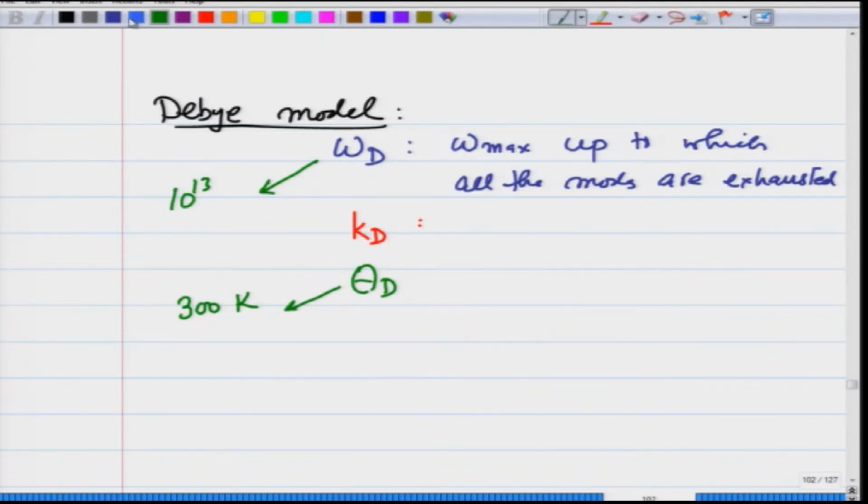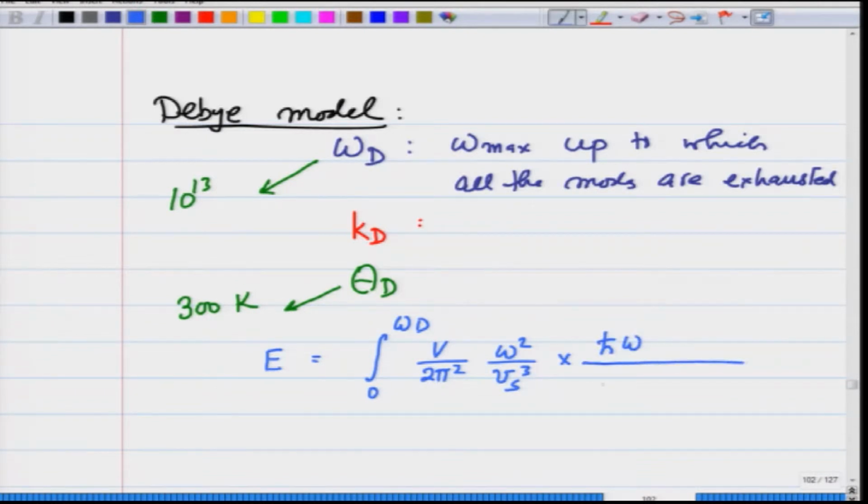Let us calculate the total energy. Therefore, the total energy of the system is going to be integral 0 to omega d of V over 2 pi square omega square over v s cube, that is the density of states, times h cross omega over e raised to h cross omega over k b T minus 1 d omega.